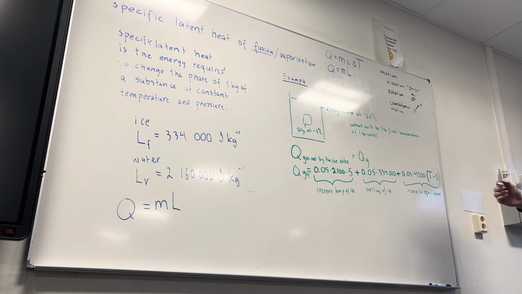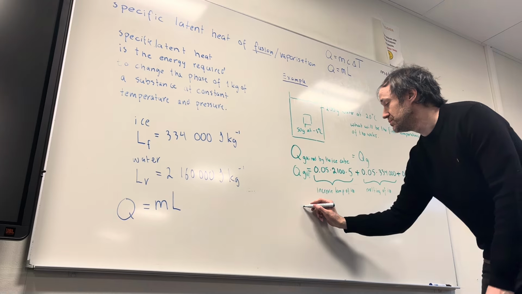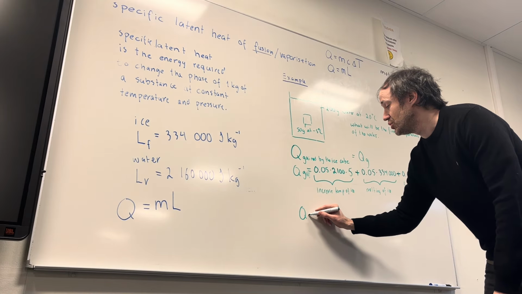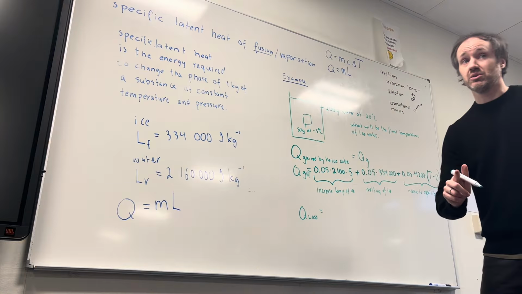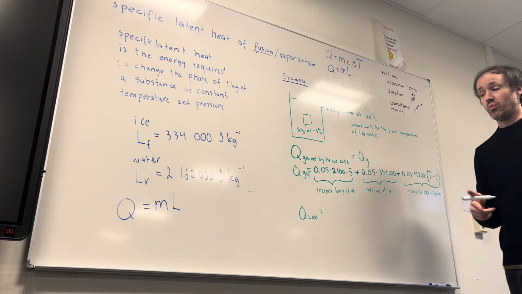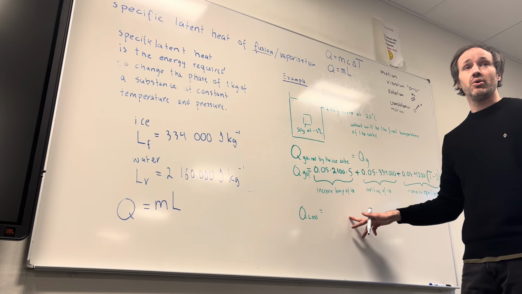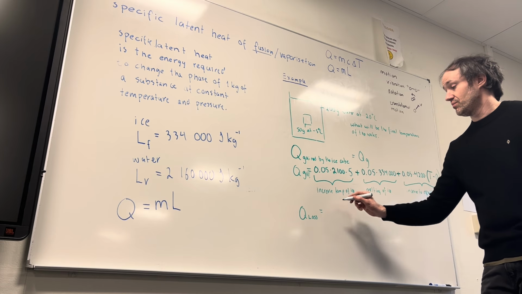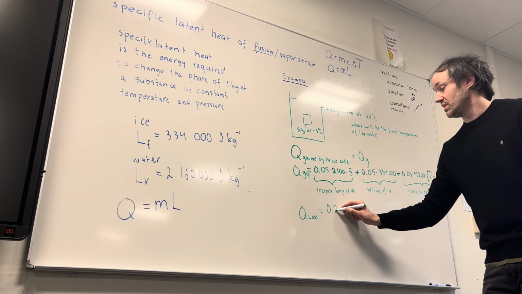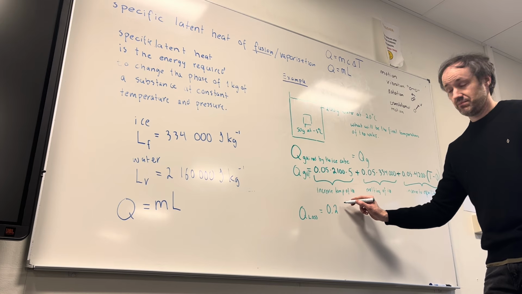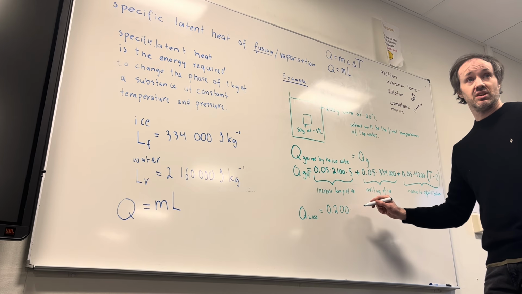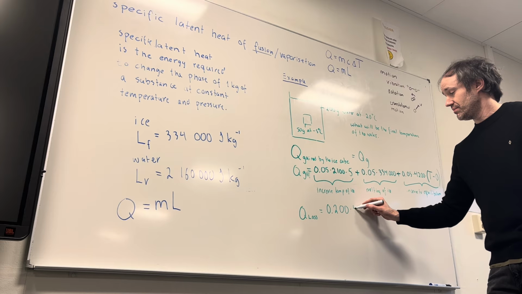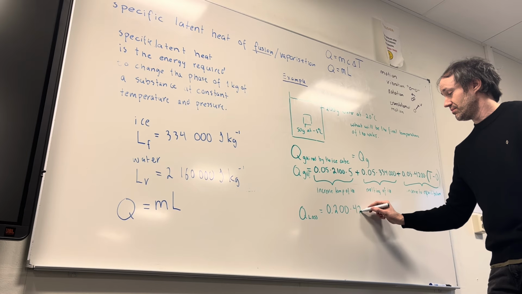Q gained equals Q lost, they're equal to each other. But what happens to the water? It loses energy, so it decreases in temperature. Use the MCAT formula, times the specific heat capacity of water, 4,200.